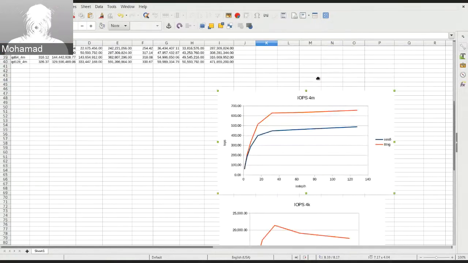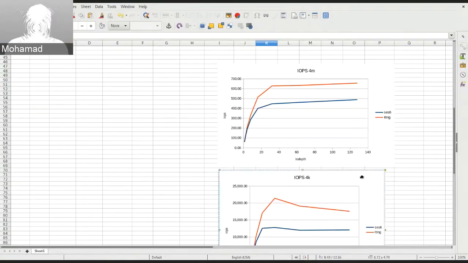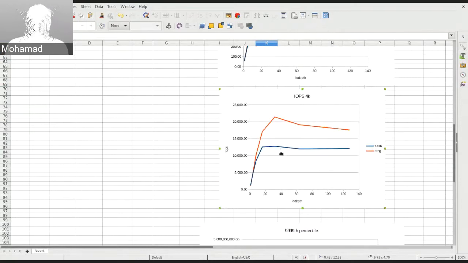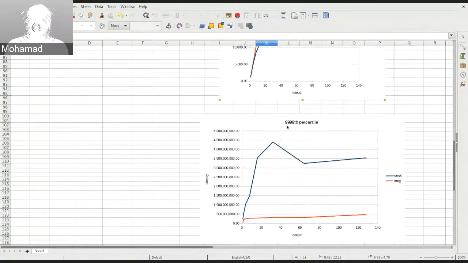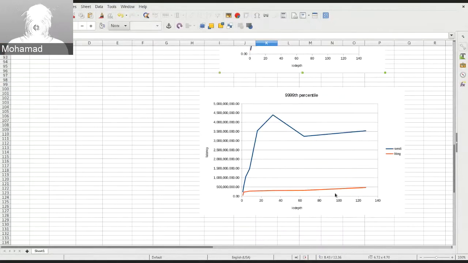So that's for 4 megabytes and 4K chunks. It's really significant. And if I'm looking at the tail latency, see how much of a difference that makes. Basically, writing to a file, the tail latency is huge with the baseline compared to LTTng.